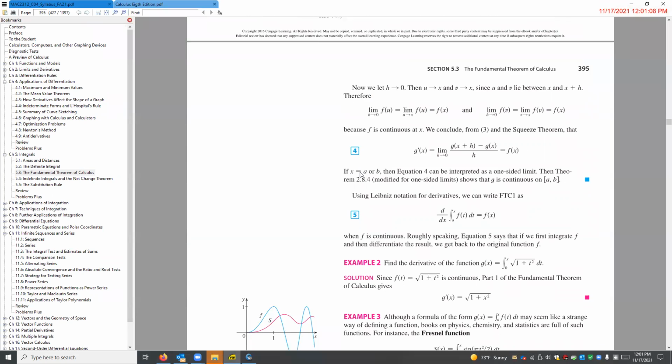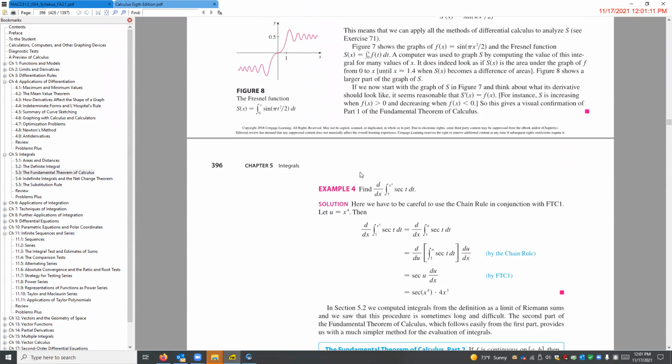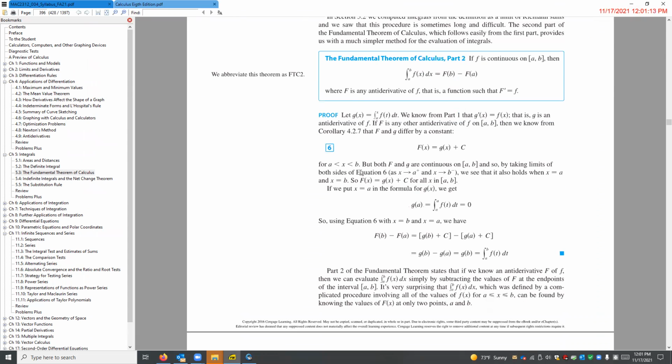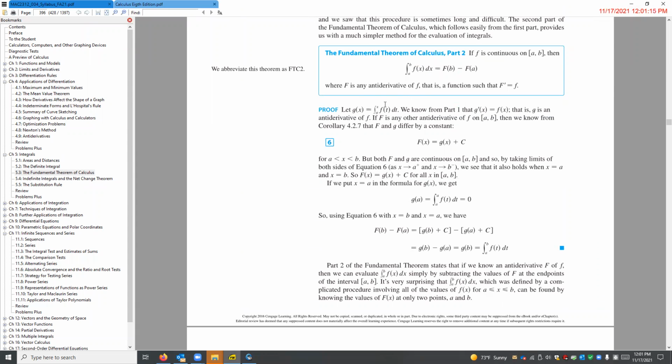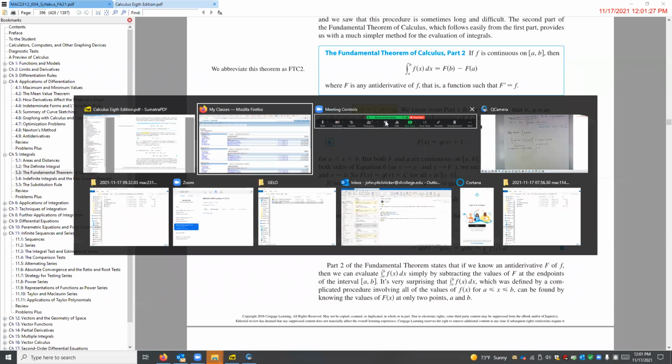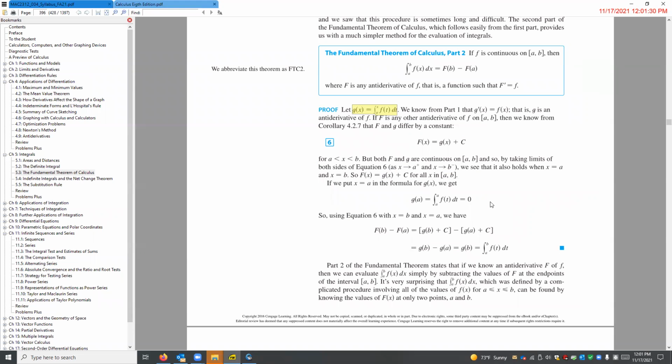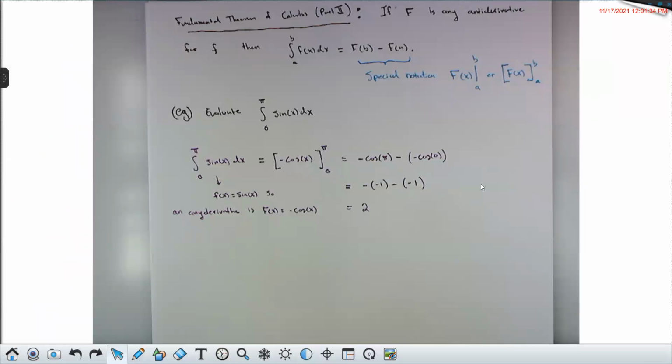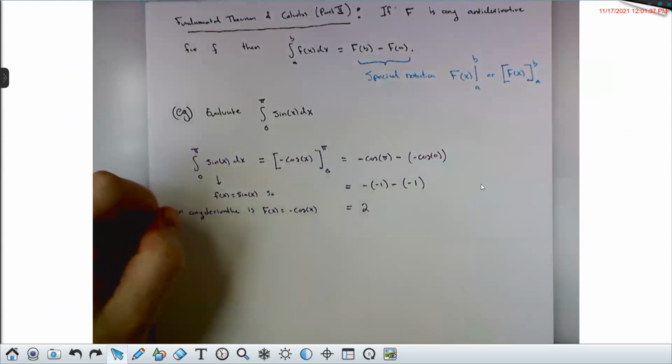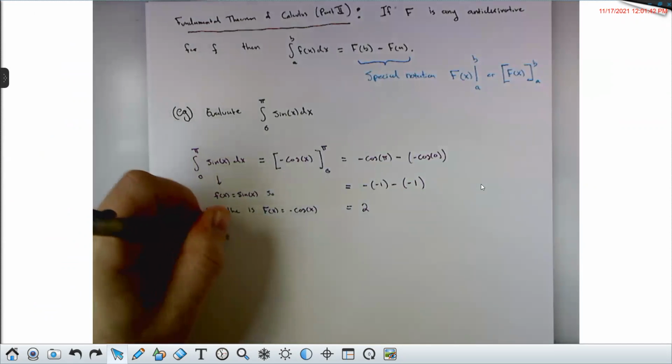We do need to look at the proof of the second theorem, and it's not too bad. We're going to use part one. That's the idea. We're going to begin by introducing a function g, which we know is an antiderivative. So, FTC2.